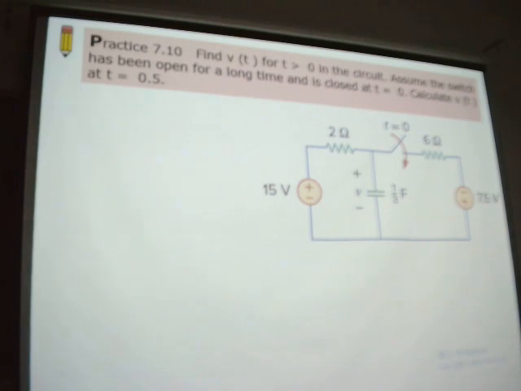We have 2 minutes to finish. Draw a figure before it's closed, before t. So you should put a t.